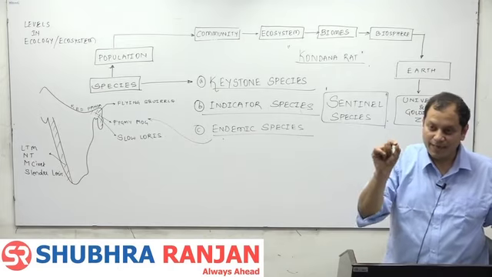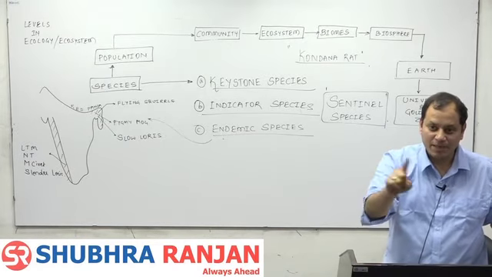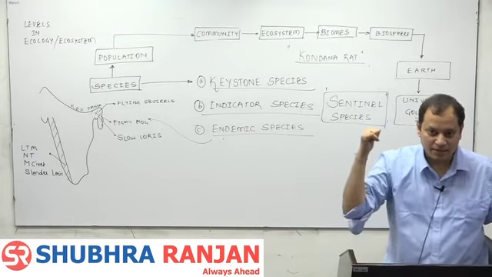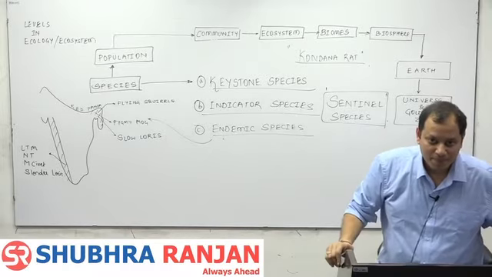It is found only in 1 square kilometer area of Maharashtra. It is not found anywhere else. So Kondana rat.